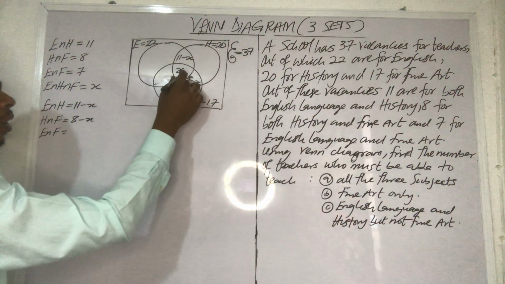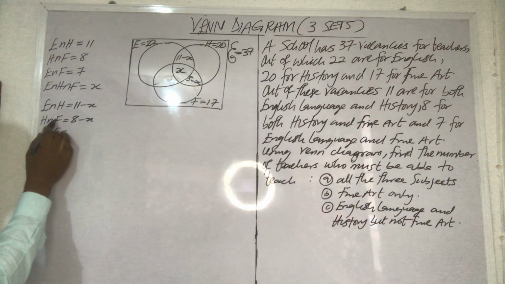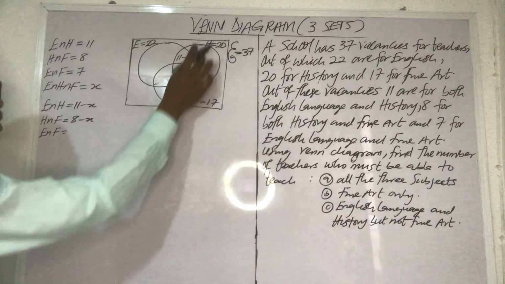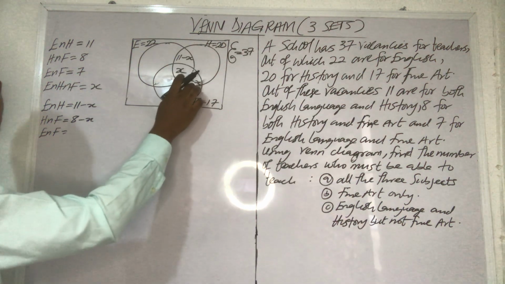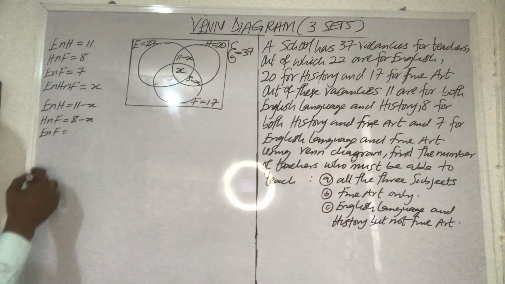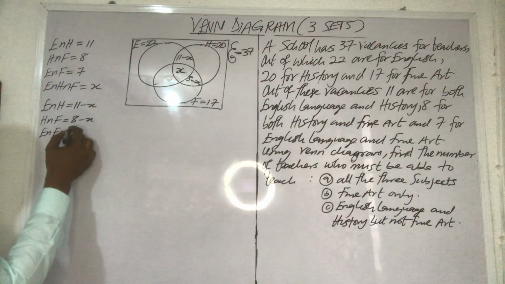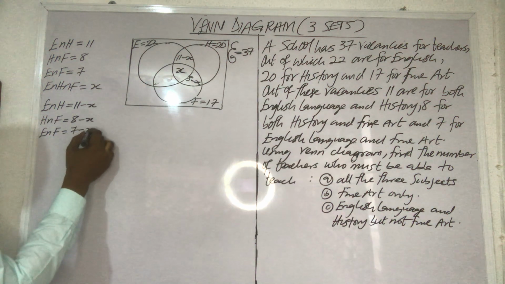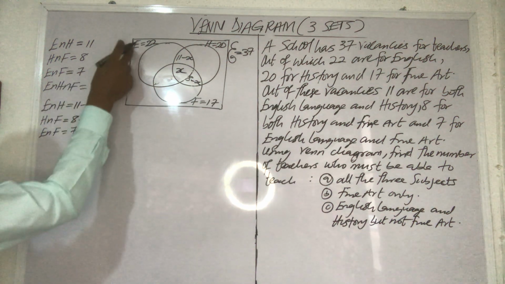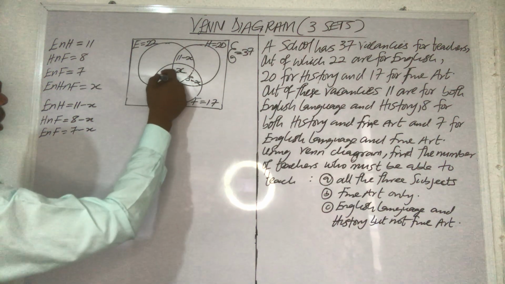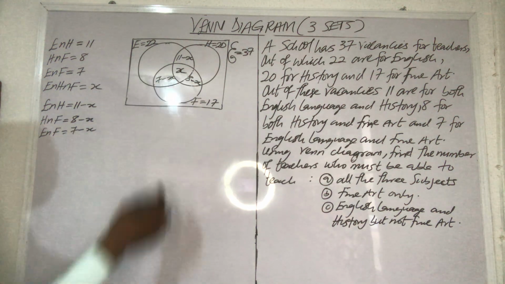It will not give us the correct answer. Then English and fine arts, that's 7 minus X.